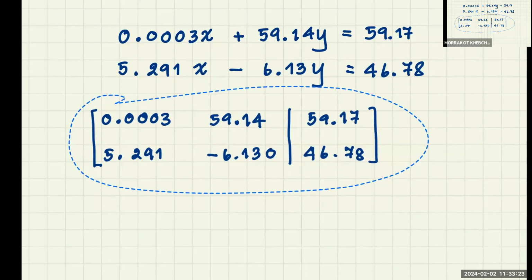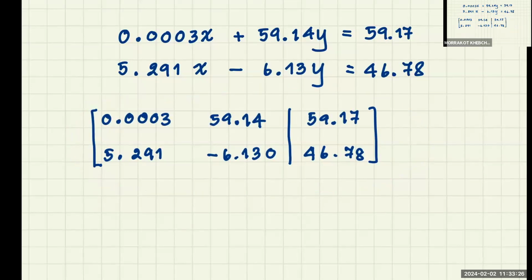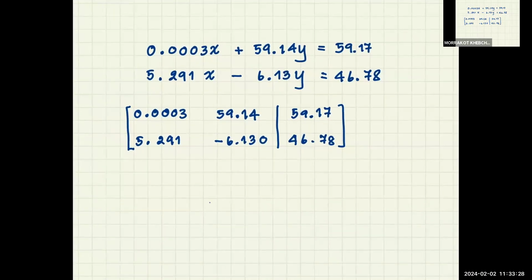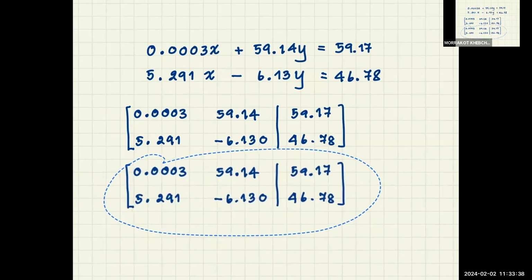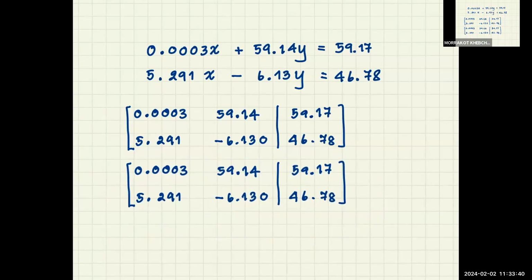Okay, so the first row. The first row remain the same, right? The second row, I want this 0.